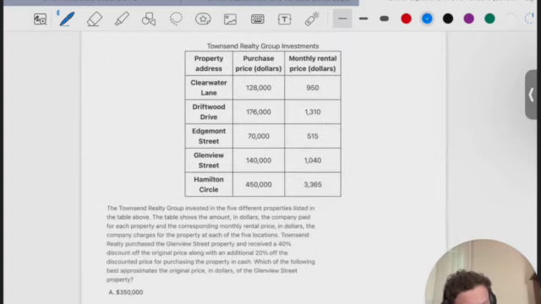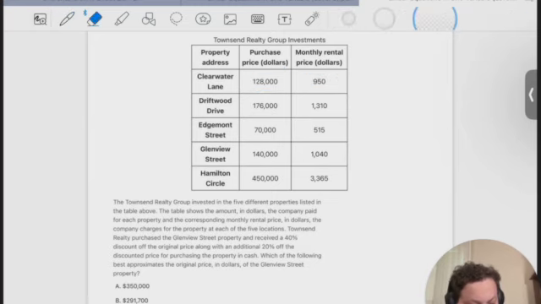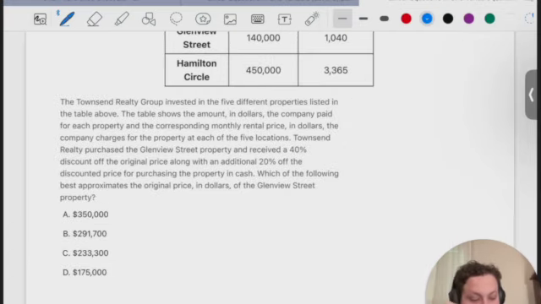Alrighty. Here's some data. We got different properties, purchase price, and rental price, which would be how much we sink, how much we gain if we were investing in these properties, right? Townsend Realty Group invested in 5 different properties listed in the table below. The table shows the amount in dollars the company paid for each property and the corresponding monthly rental prices in dollars the company charges for each of the 5 locations.